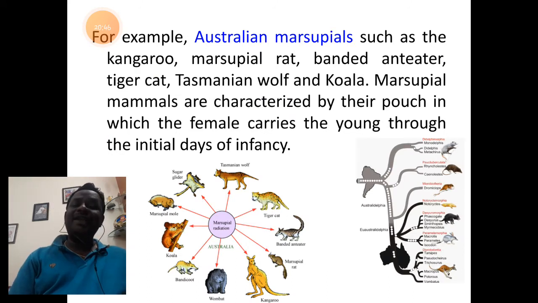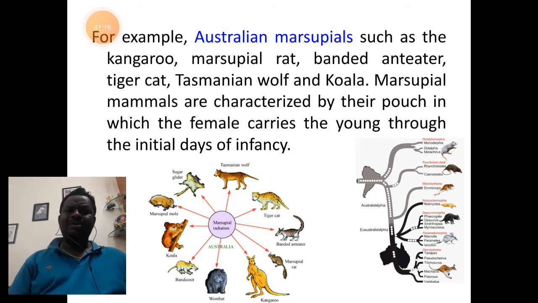So we have another example related to adaptive divergence, the Australian marsupials. Students, remember, Australian marsupials include the examples of kangaroo, marsupial rat, banded anteater, tiger cat, Tasmanian wolf, koala, all this.